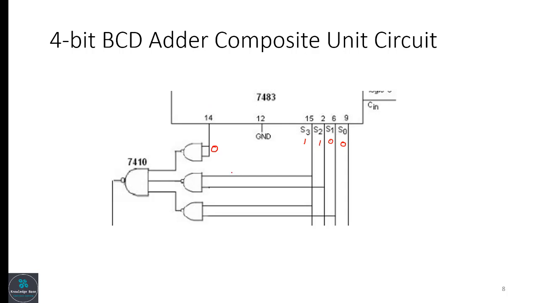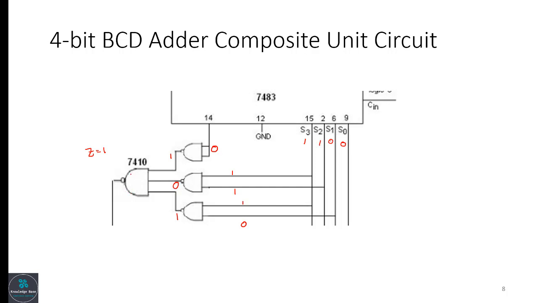So I am putting 1, 1 in this input, and 1 0 in this input. So this NAND gate will generate 1, this NAND gate will generate 0, and this NAND gate will generate 1. So finally the Z will be 1, right?